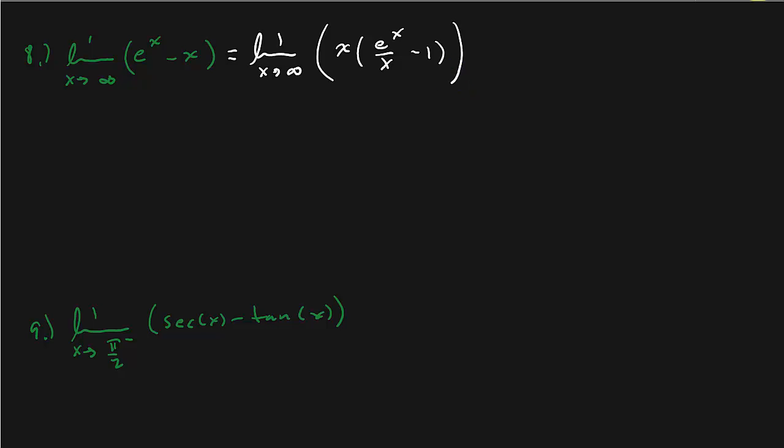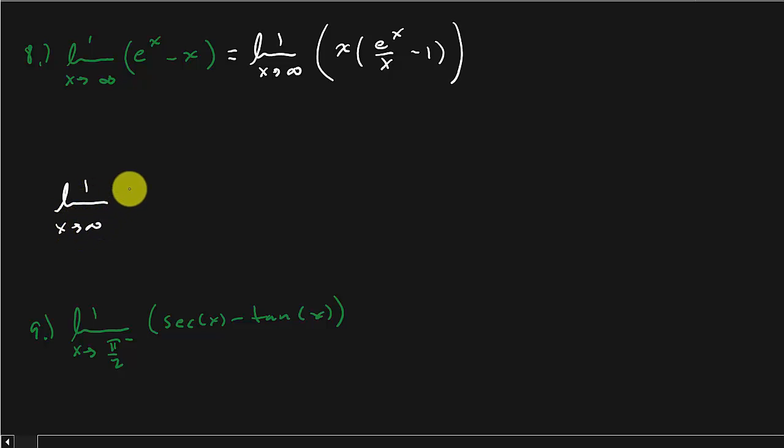I need to take a look at this part right here, this e to the x over x. If I used L'Hopital's rule on that, the limit as x goes to infinity of e to the x over x, that's infinity over infinity, so it becomes the limit as x goes to infinity of e to the x over 1.